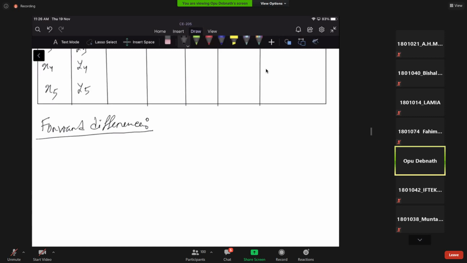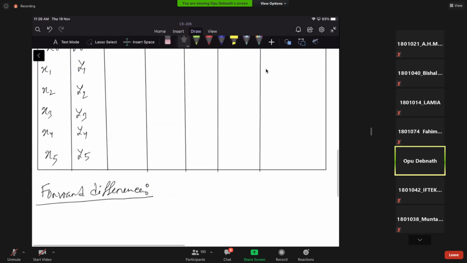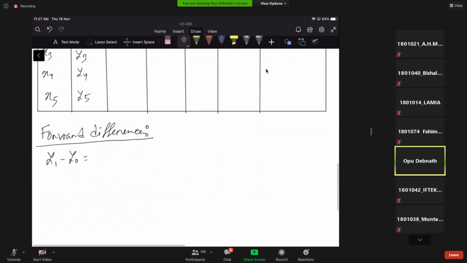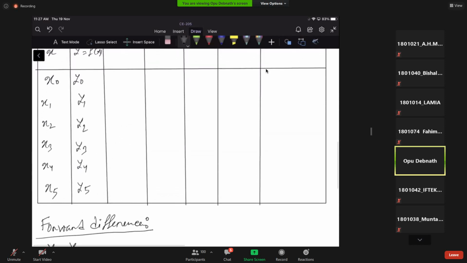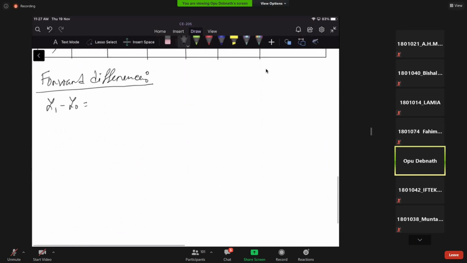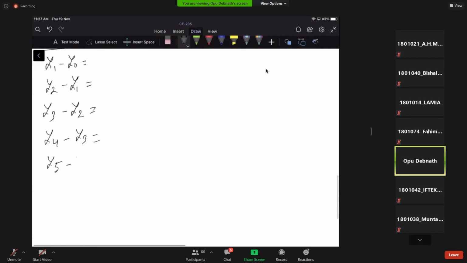So what will be the forward difference? If we subtract each value of y from the preceding one, that means y1 minus y0, except the first one. The initial one is y0, so we should start from y1. Similarly, y2 minus y1, y3 minus y2, y4 minus y3, and the last one will be y5 minus y4.